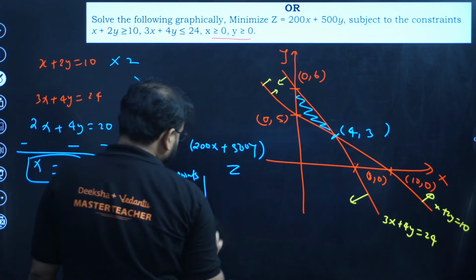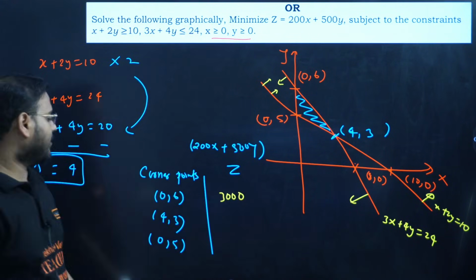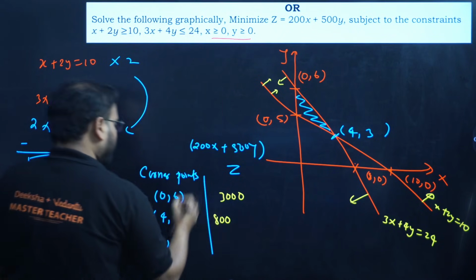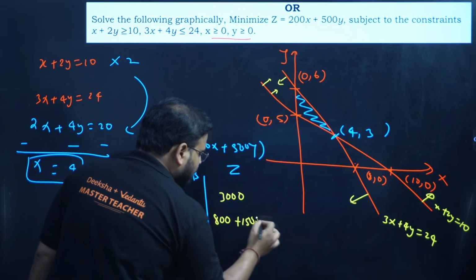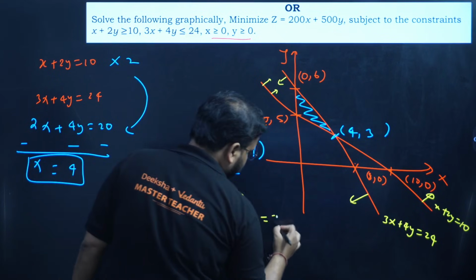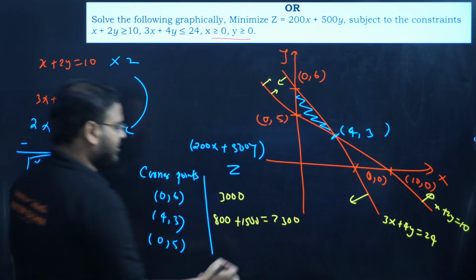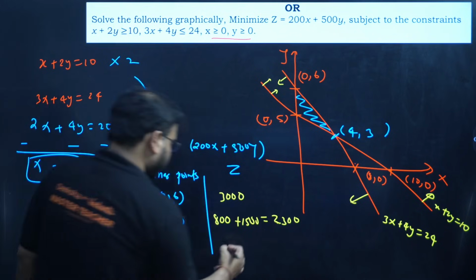At 0, 6, 6 5s are 3000. At 4, 3, 4 2s are 800 plus 3 5s are 1500, so 2300. Next, at 0, 5, it is 2500.